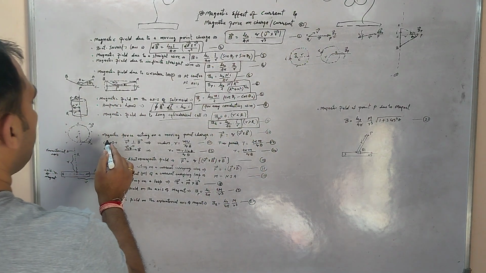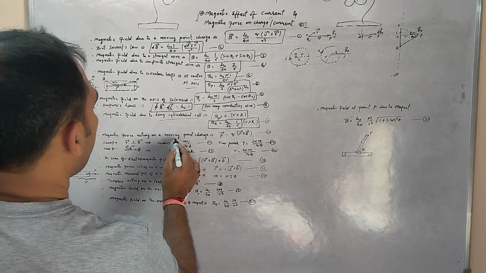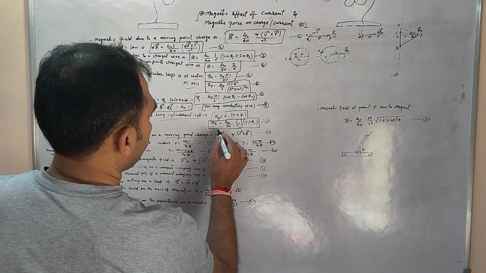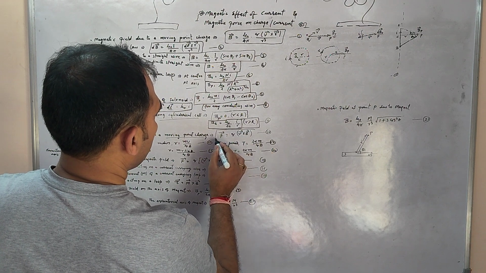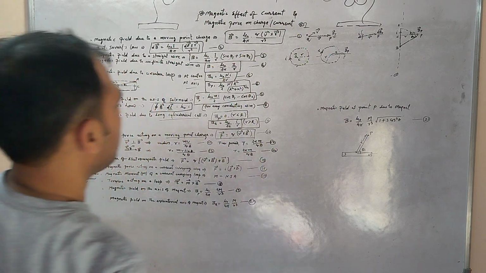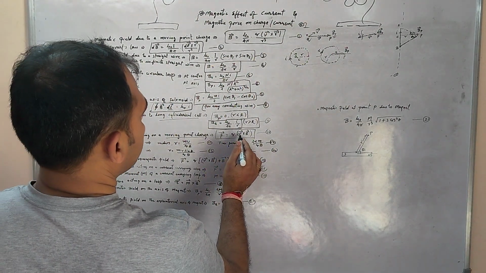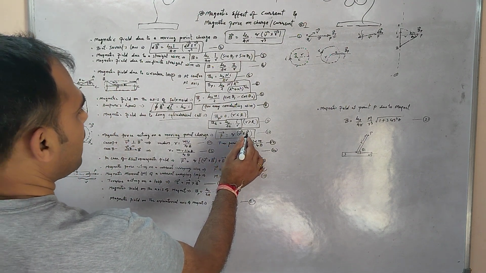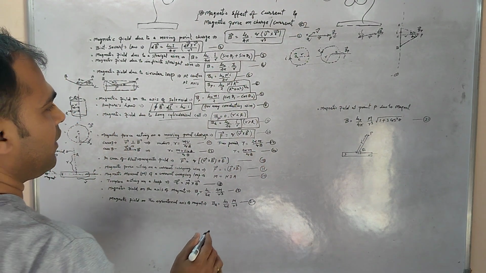Next, magnetic force acting on a moving point charge. Obviously, you know, F will be equal to q v cross B, where v is the velocity of the point charge and B is the magnetic field.